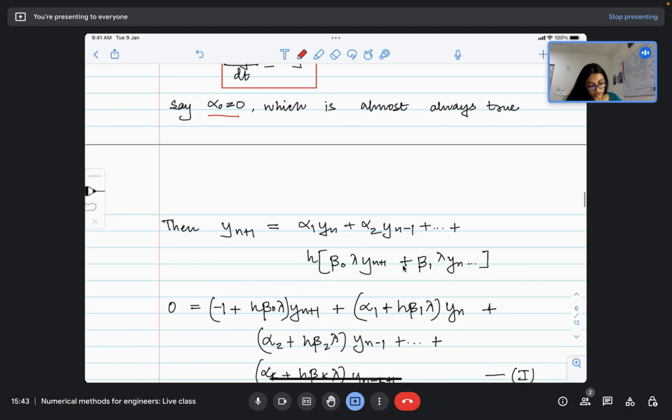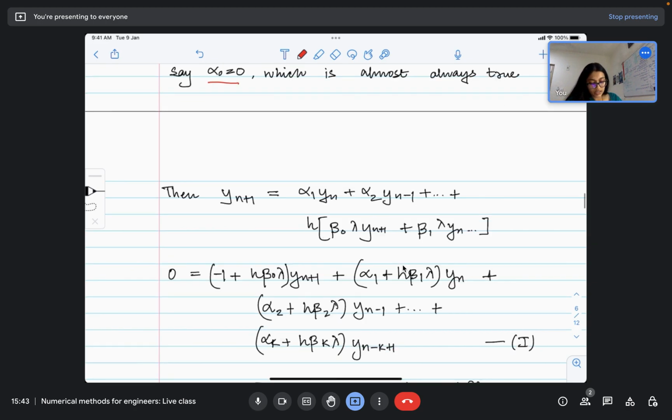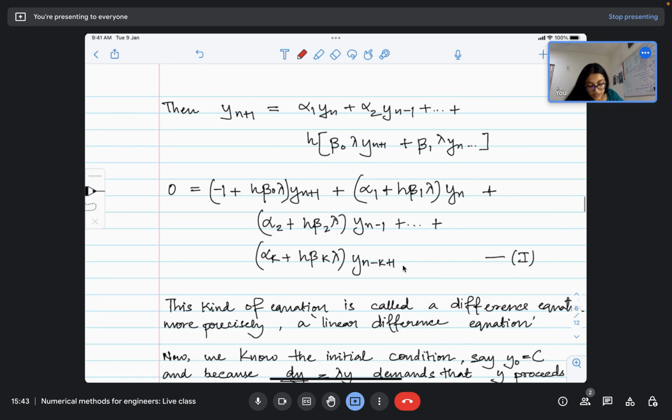So let's say that alpha naught is equal to 0, which is true in most of the cases. Hence, this expression is going to reduce to yn plus 1 is equal to alpha 1 times yn plus alpha 2 times yn minus 1, and so on and so forth, plus the time step times beta naught.